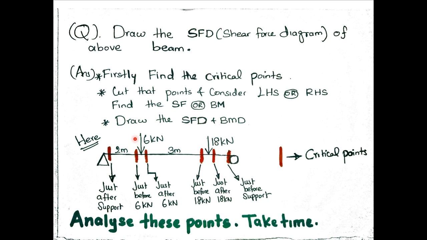Again cut here and analyze this point, and find out the shear force and bending moment. Similarly, cut here, analyze that point, find out the shear force and bending moment.